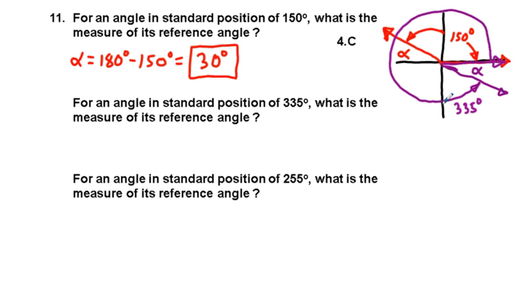And so you have to decide what to subtract. You have to do the subtraction that gives you a positive number. So our alpha in this case is going to be 360 degrees minus 335 degrees, and it's 25 degrees.